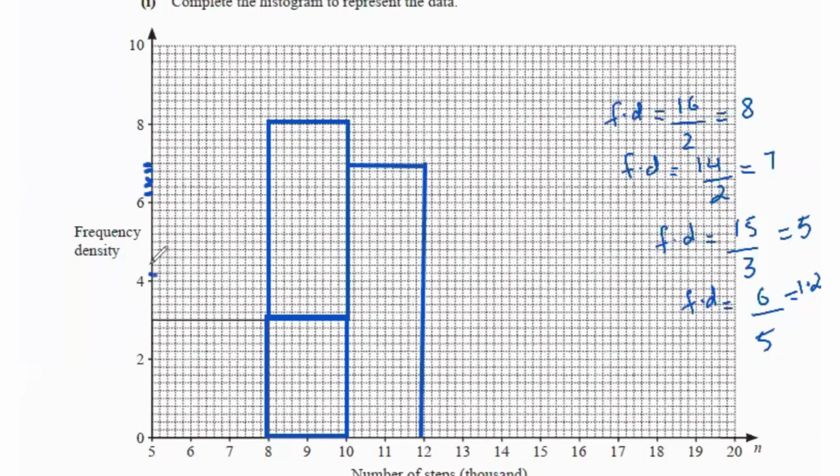So 1, 2, 3, 4, 5. And lastly, your 15 to 20, which is 1.2. So 1.2 is going to be 1, 2, 3, 4, 5, 1 over here.